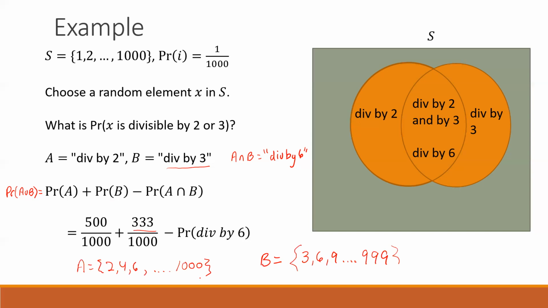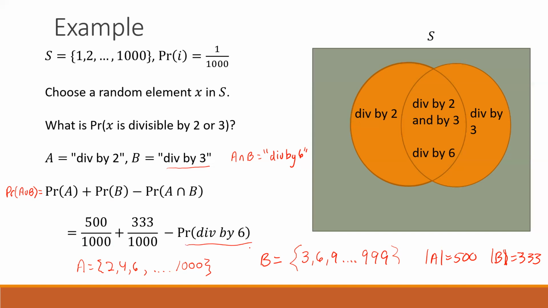And there are 500 elements in A, and there are 333 elements in B. So that's where I get these two numbers. So summing up, 500 times 1 over 1,000 is 500 over 1,000. 333 times 1 over 1,000 is 333 over 1,000.